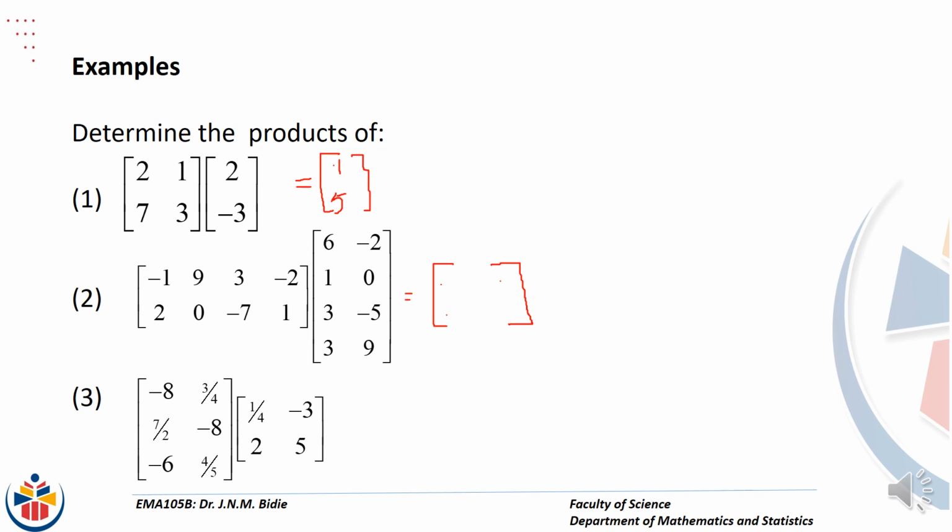So to get C11, it's first row, first column. To get C12, it's first row, second column. To get C21, it's second row, first column. To get C22, it's second row, second column.